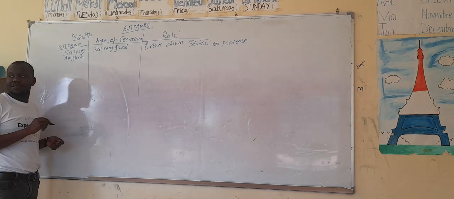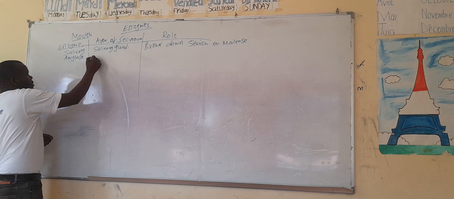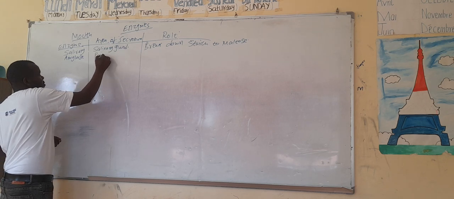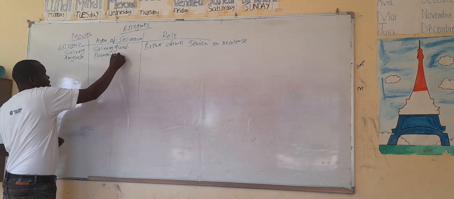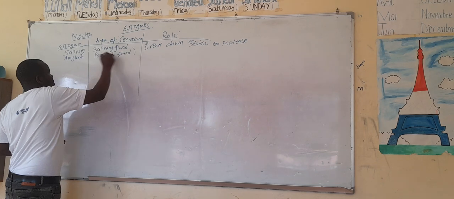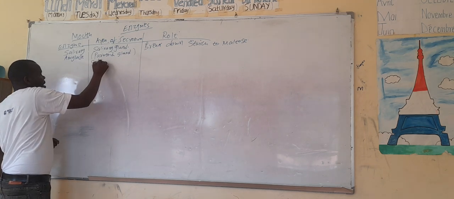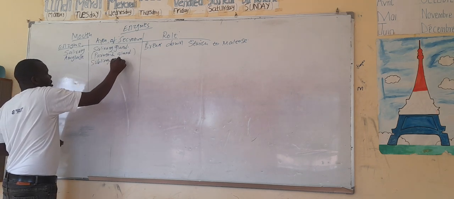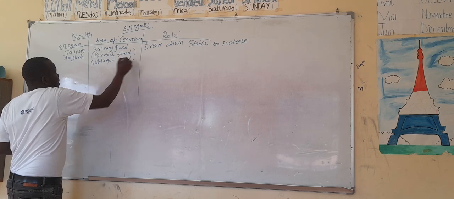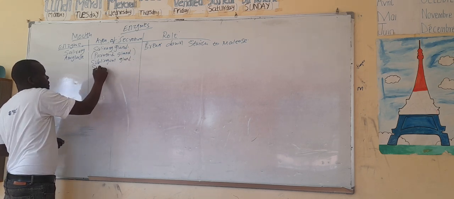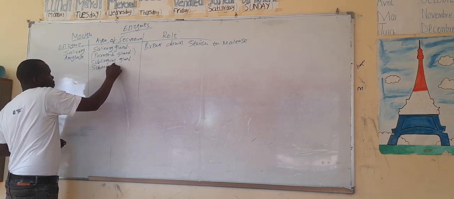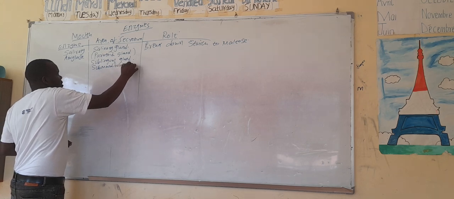And where specifically in the salivary glands are these enzymes secreted from? They are secreted from the parotid gland, the sublingual gland, and number 3, the submandibular gland.